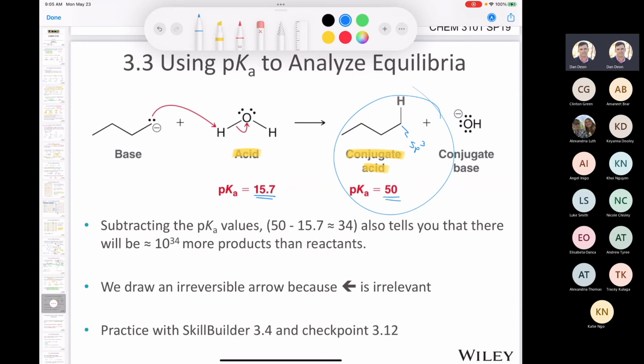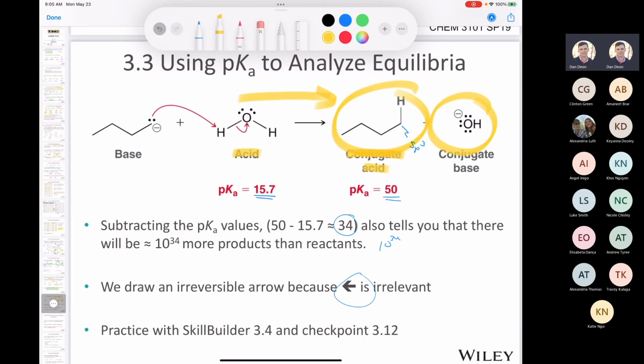You can see the difference in pKa values is 34, so that's 10 to the power of 34. That's a huge amount. It's going to lie to the side of the product so hard that we don't even write a reversible arrow. There's going to be none of this left over. Everything's going to end up as butane and this hydroxide ion. So the equilibrium is going to lie to the side of the weaker acid.